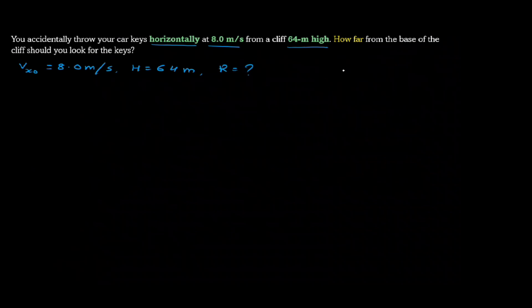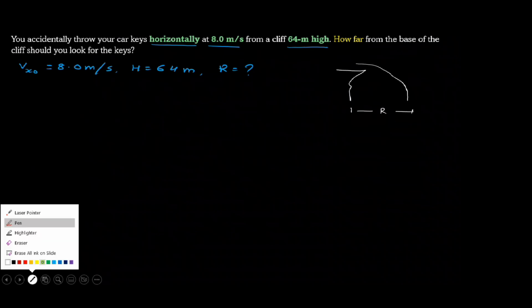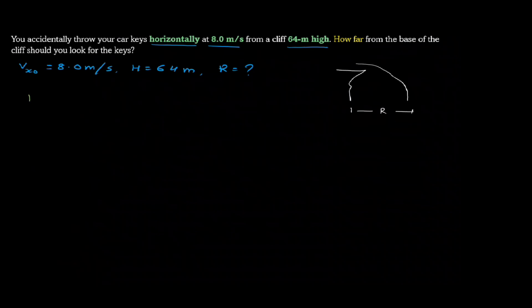So if I were to sketch the problem, suppose this is the cliff. You accidentally throw your keys from the top of the cliff. And you need to find how far from the base of the cliff will the key land. We know that we can calculate range for horizontally launched projectile by multiplying the x component of initial velocity with the time t.